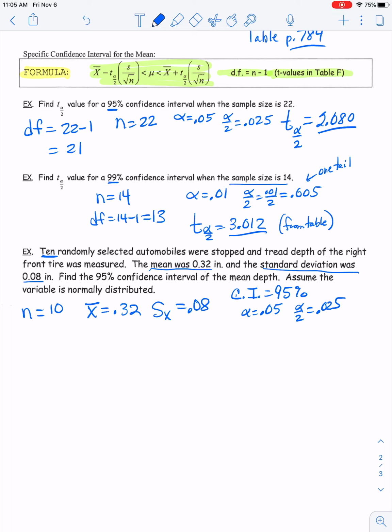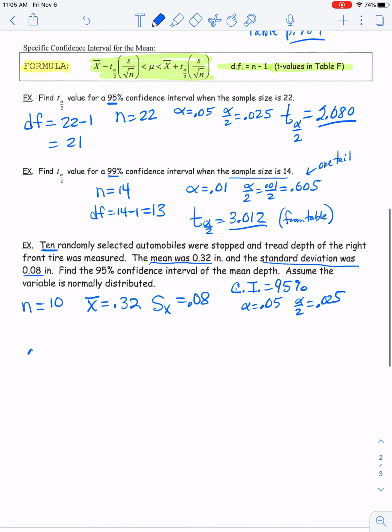So if we work through here, we fill in the formula. The mean is 0.32 minus, now this t alpha over 2 value by hand we would have to look up on the chart, and you get 2.262. Hopefully I can talk to you a little more about that in class so you can find that easier.